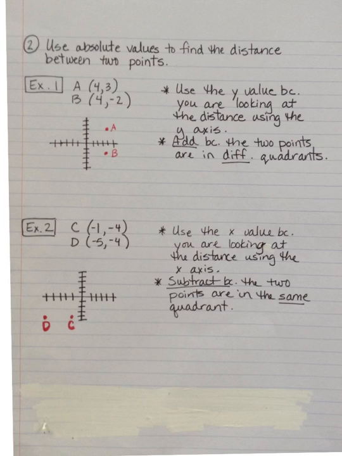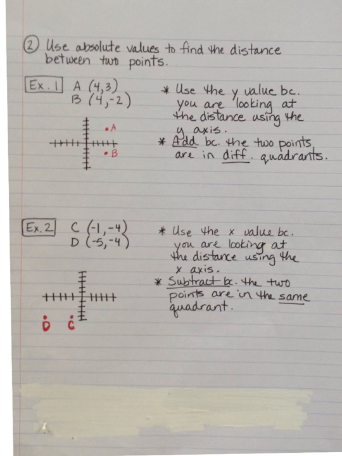Because I'm looking for the distance vertically between A and B, I'm going to use the y values to determine my distance. Because they're in 2 different quadrants, I am going to add the values together. My stylus is really big, so hopefully it's not too messy.